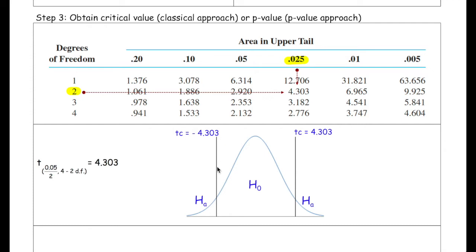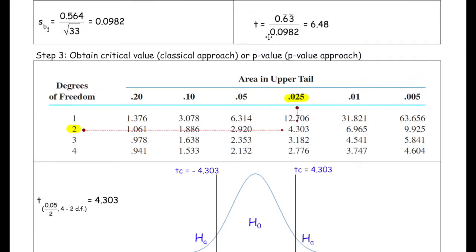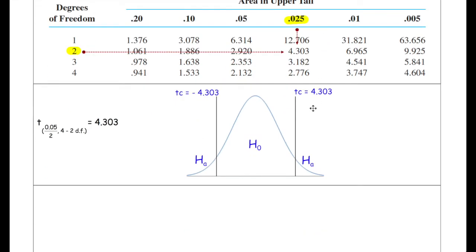And again, as I mentioned, this critical value separates the HO region from the HA region. Under the classical approach, you simply compare t critical and t observed to determine whether HO or HA is the valid hypothesis. So in our example, we can see that t observed is 6.48, and because 6.48 is a larger value than this critical value, we're in the HA region. So we would be rejecting HO in favor of HA.